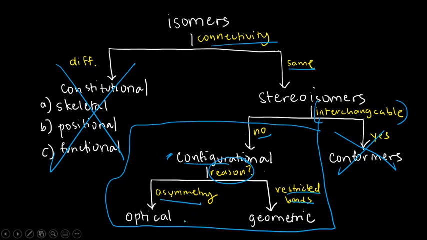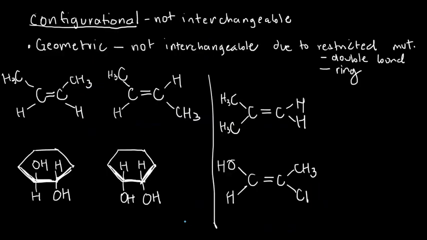Now, all of those seem like magic words and jargon, but that's the reason why we're going to go after them one by one. First, if I have geometric isomers, the reason why the two isomers are not interchangeable is because of restricted movement. Usually, the reasons why we have restricted movement are a double bond or a ring.